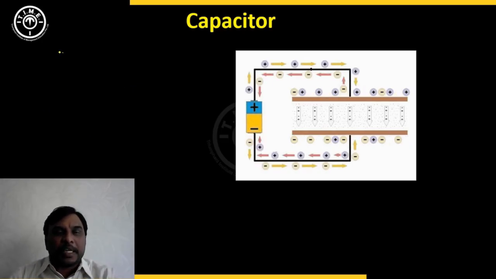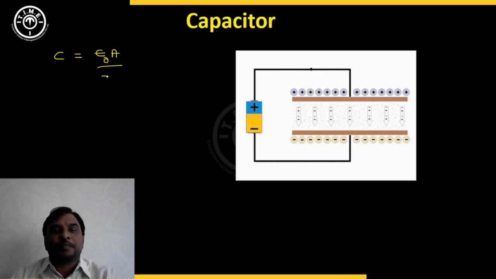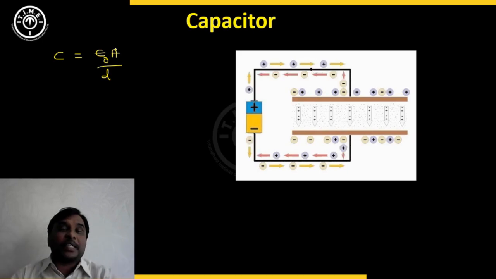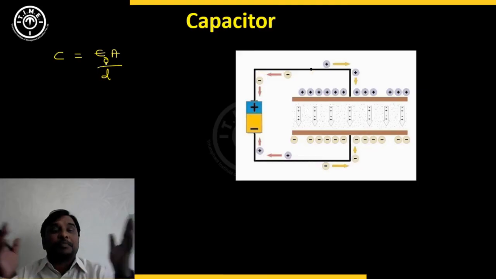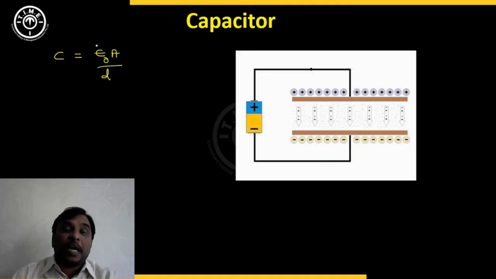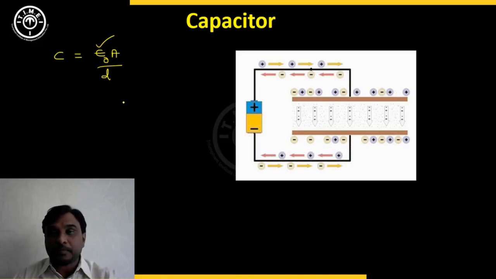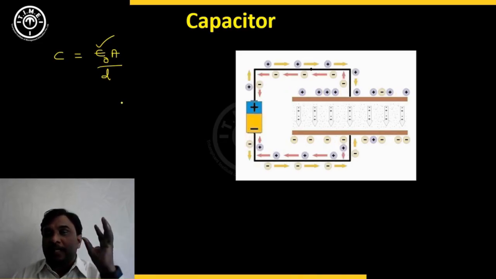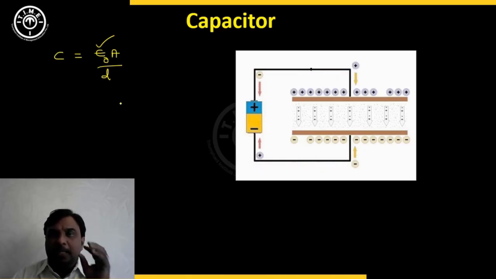Now, on what factors does the capacitance of the capacitor depend? It depends on the area of the plates: more the area, more the capacitance. And the distance between the plates: less the distance, more the capacitance. And the medium present between the plates.